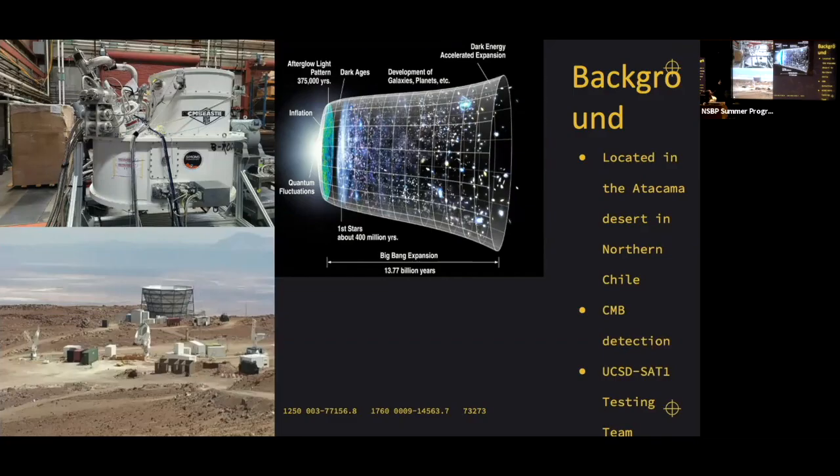This is the picture of the telescope, which is in San Diego right now. And this is a picture of the observatory, which will be or is at the Atacama Desert in Chile. It's a nice place, high altitude, and it will allow access to 80% of the sky. So that's pretty cool.